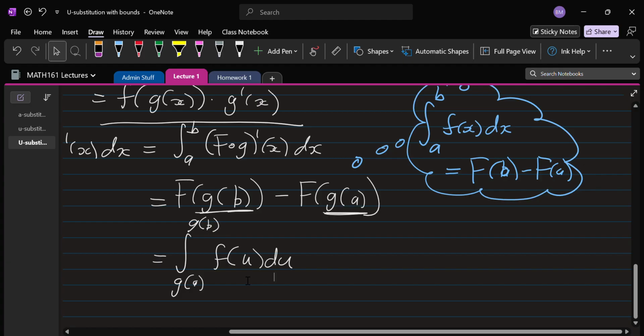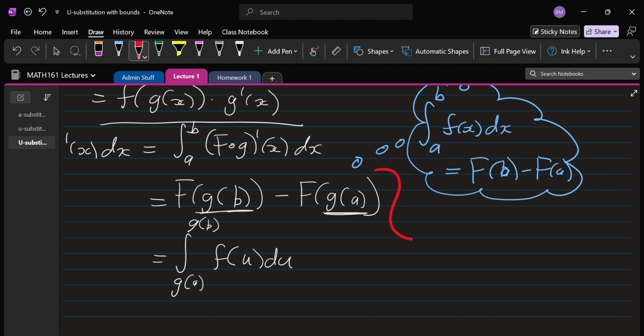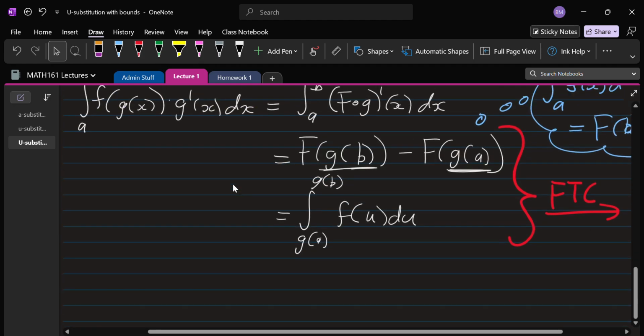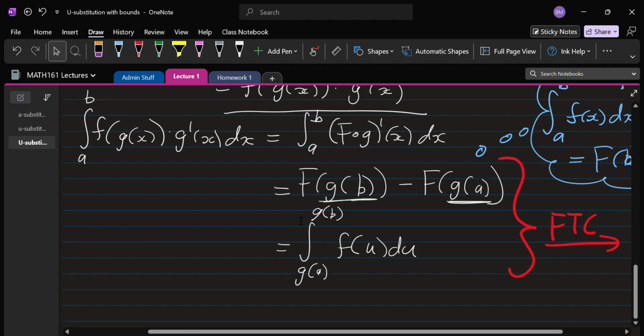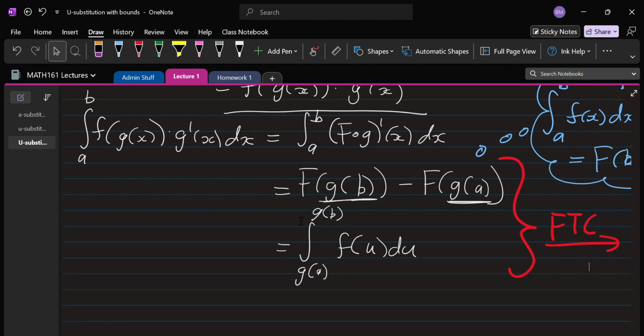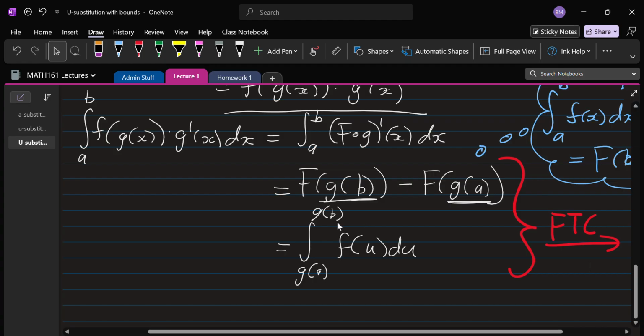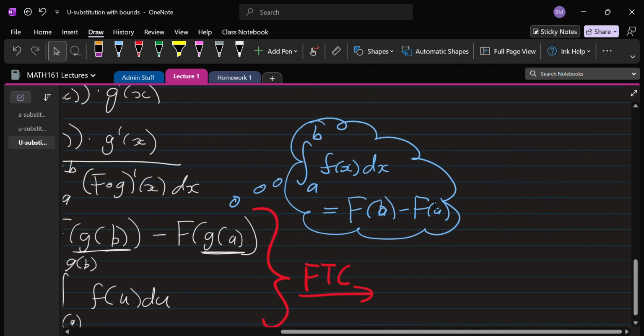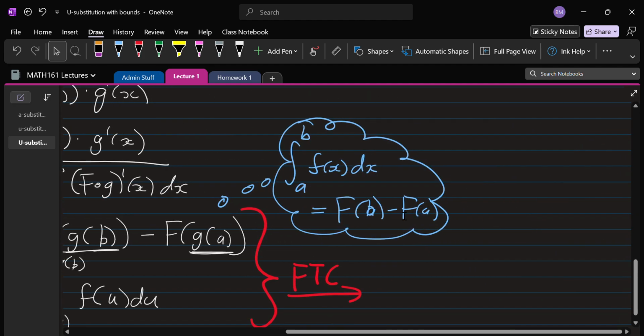We just went backwards: instead of F at b minus F at a, we wrote it as an integral. These two steps are just FTC. If you're unfamiliar with that, please go back to your notes, FTC1 and FTC2. And we're done. We started with that integral and we've got the integral on the right in terms of u. That's the end of the proof.